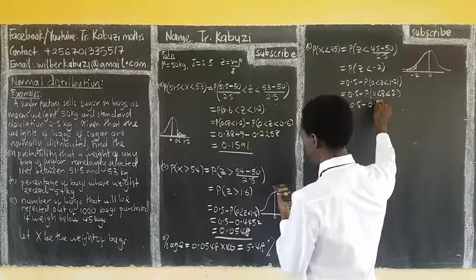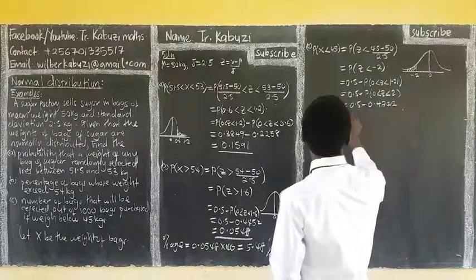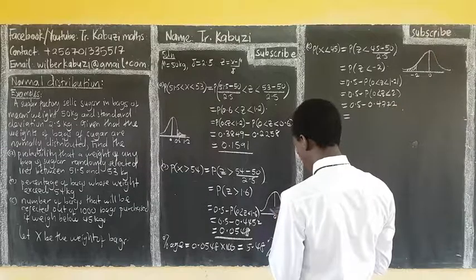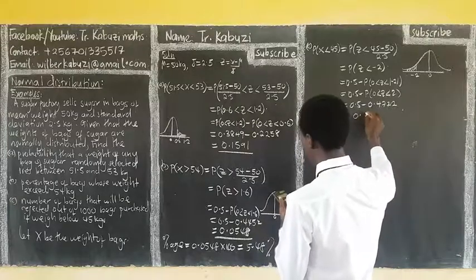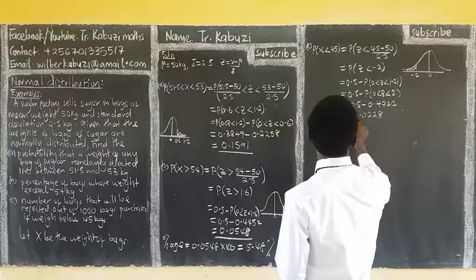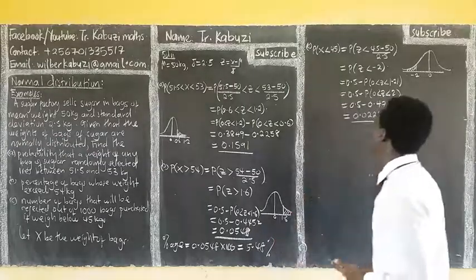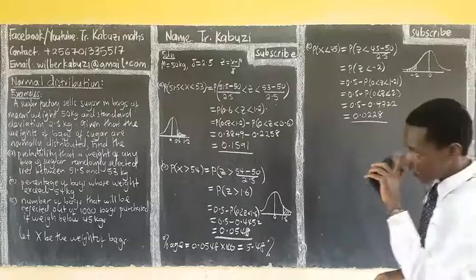So it is 0.5 minus 0.4772. When you subtract, the answer is 0.0228. This is the probability. Out of the 1,000, we multiply by the probability of the bags which are below that weight.